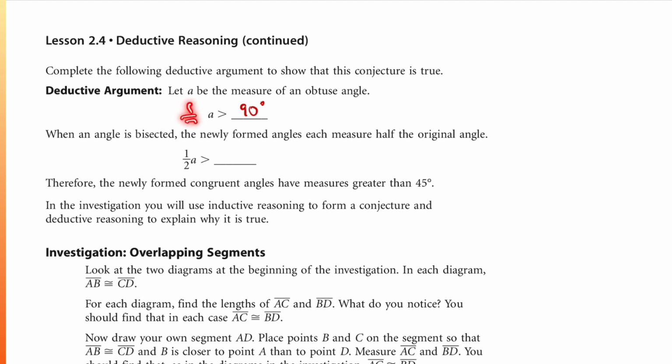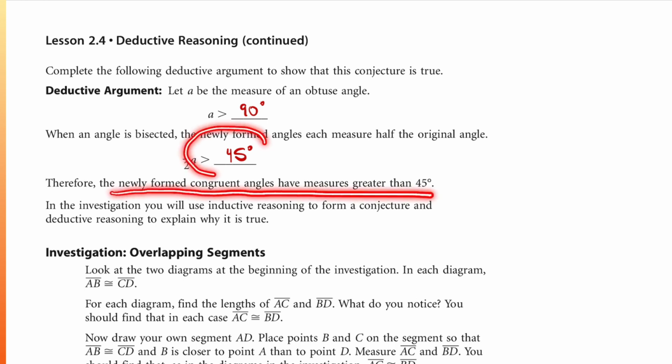So let's multiply both sides of the inequality by a half, because we're bisecting it. When you bisect something, you cut it in half. So over here you got 1/2 A. Half of 90 is 45 degrees. So therefore, the newly formed congruent angles have a measure that's greater than 45 degrees.